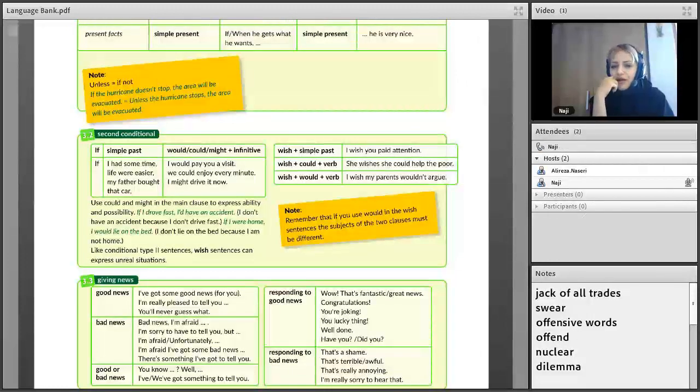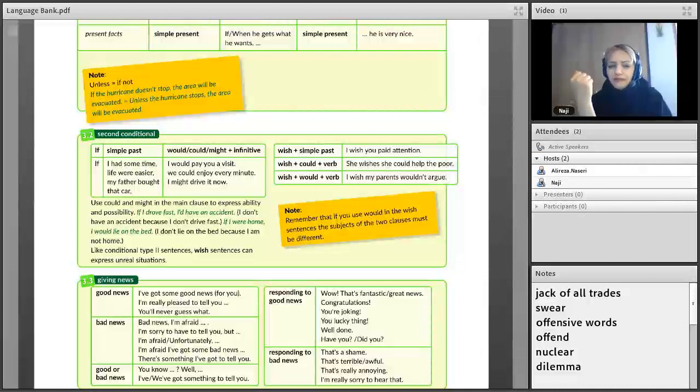In conditional type 2, we said that it is a kind of imaginary, hypothetical situation, something that is not possible to happen at the moment, right now. And I emphasize, be careful: in the second conditional, the situation is now, but the structure is past. The structure is past because the situation is unreal.